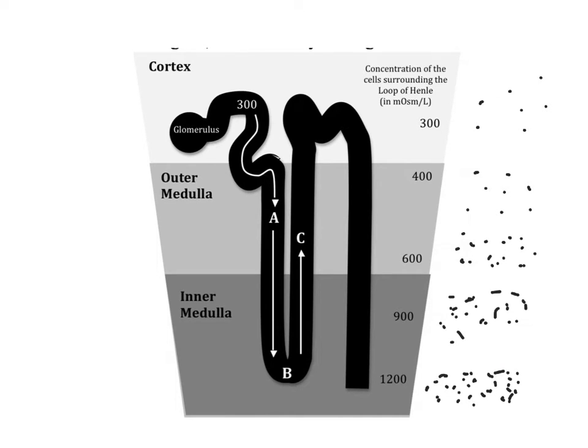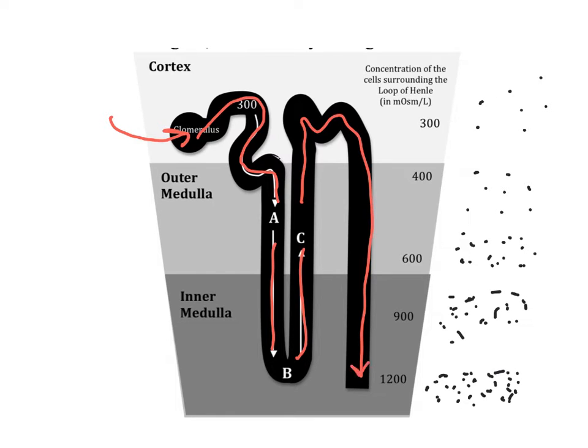Normally, the blood enters into the glomerulus and it's isotonic, at 300 milliosmolar, to the surroundings, so nothing's going on. Then it travels down the tube, back up the tube, and then back down. That's the way the fluid coming in from the blood flows.